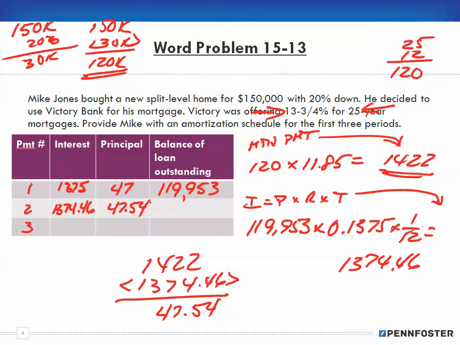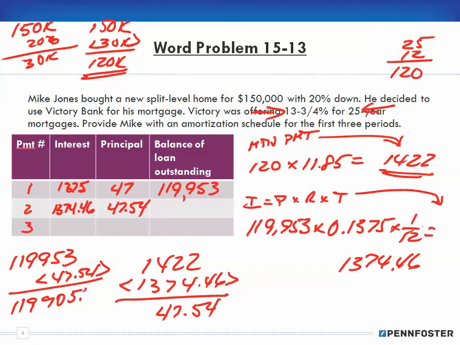Now we find our new outstanding balance: $119,953 less the $47.54 gives us a new balance of $119,905.46.